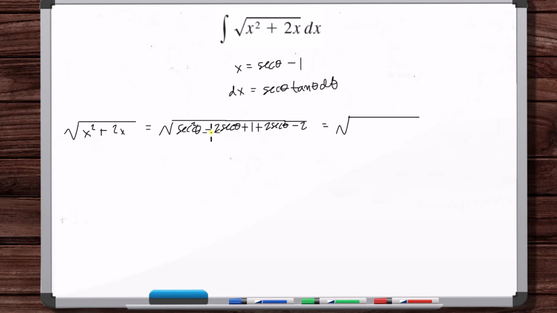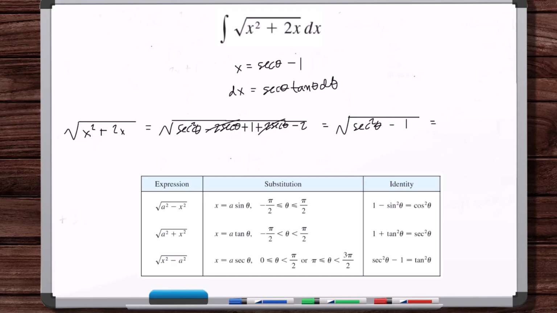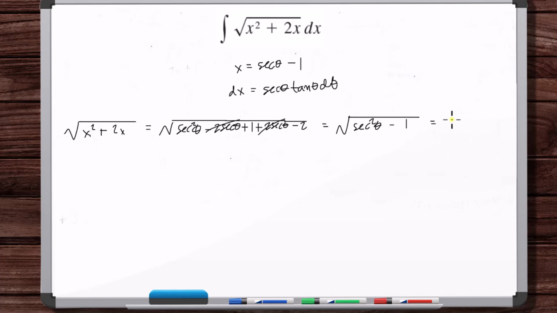So minus 2 secant theta plus 2 secant theta cancel, and we've got secant squared theta minus 1. Secant squared theta minus 1 is tangent squared theta.